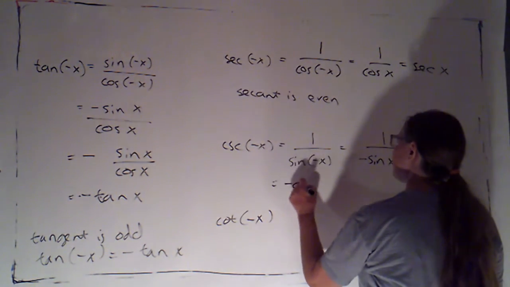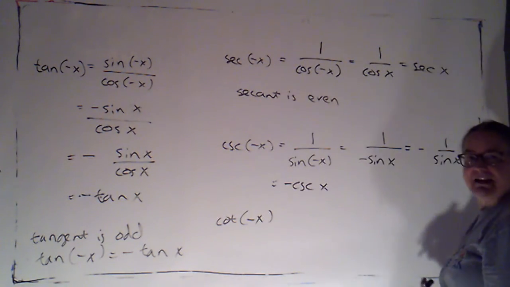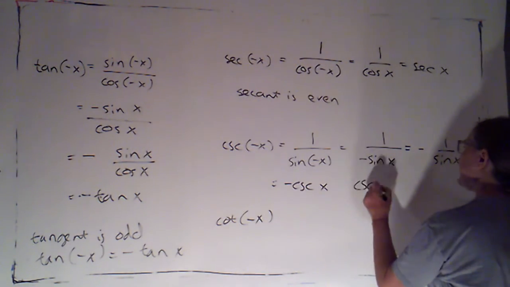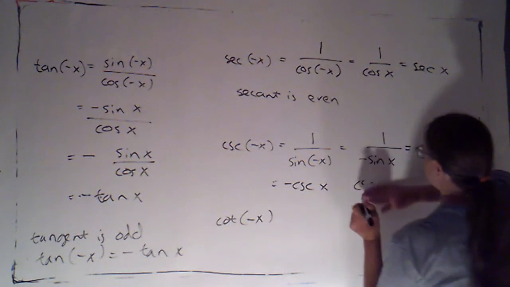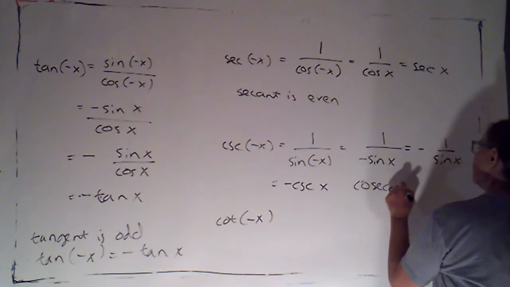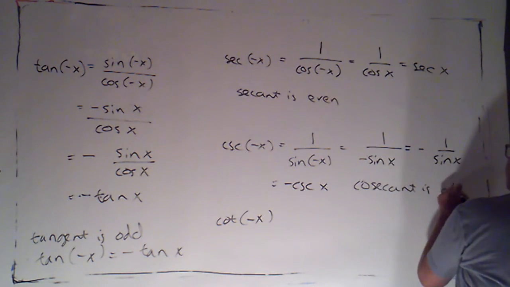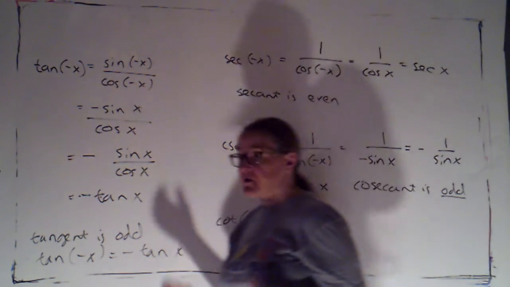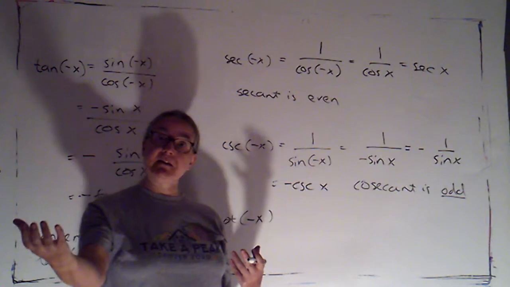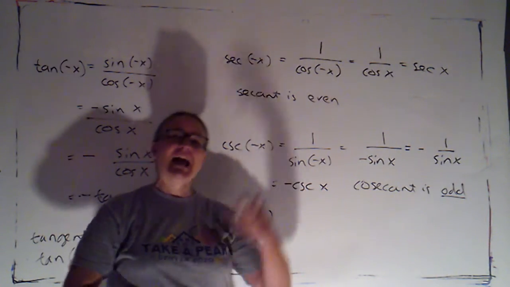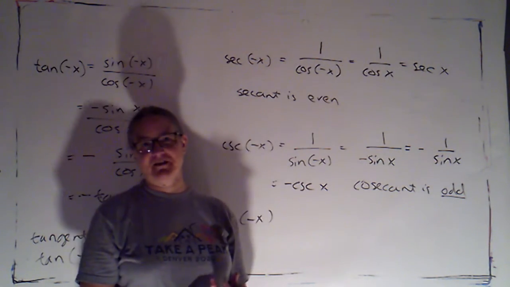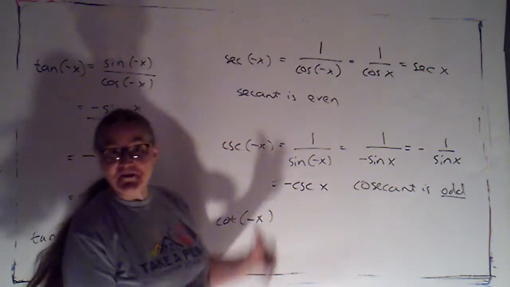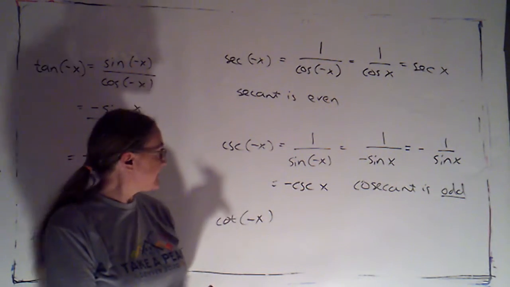But that's the opposite of cosecant of x. So cosecant is odd. So this shows us that if a function is even, its reciprocal is even. And if a function is odd, its reciprocal is odd.